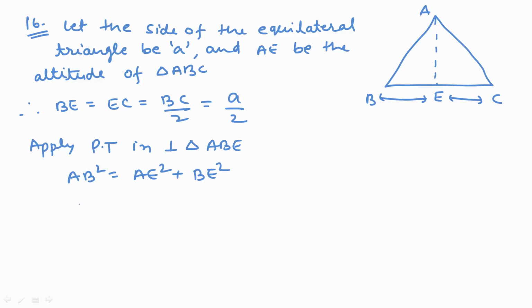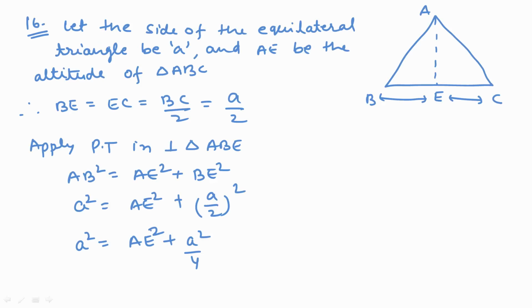The value of AB is A, so A square is equal to AE square plus A by 2 whole square. Now A square is equal to AE square plus A square by 4, or AE square is equal to A square minus A square by 4.